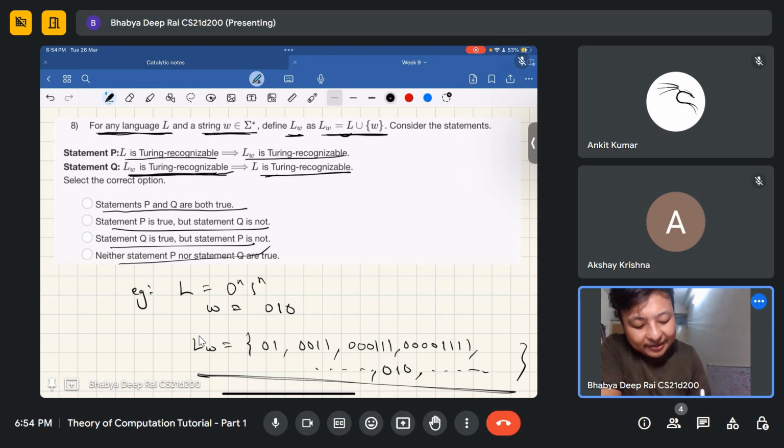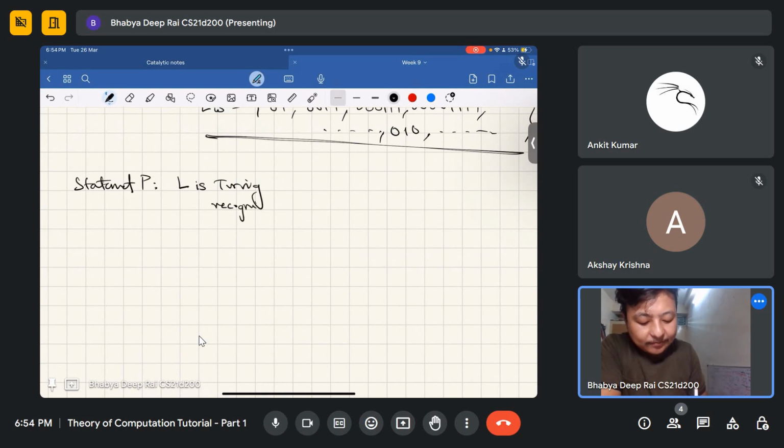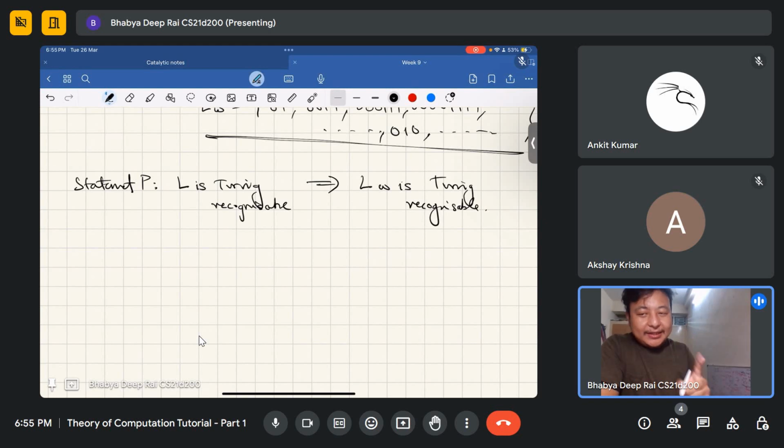Statement P. L is Turing recognizable, then LW is Turing recognizable. Let's see. What does it mean to say that L is Turing recognizable?